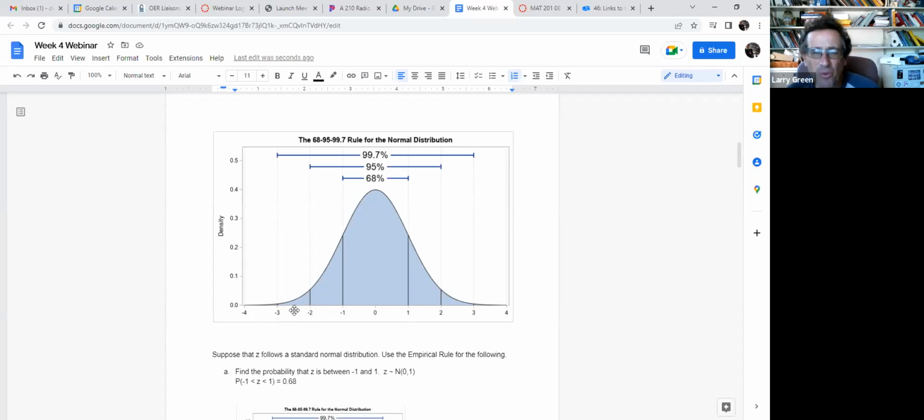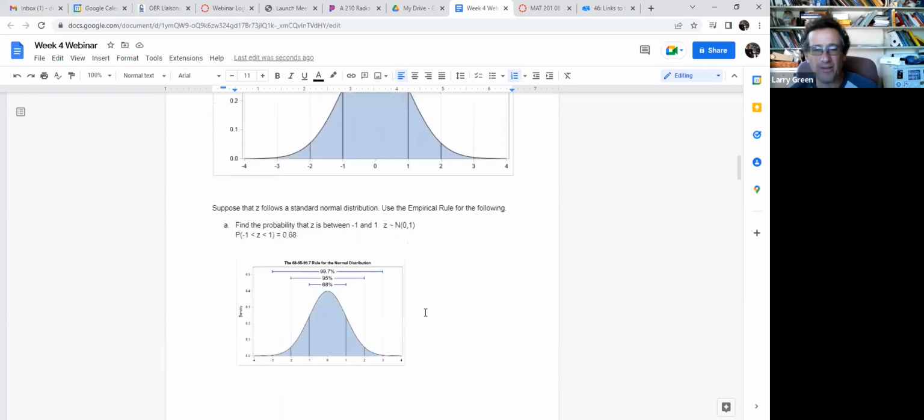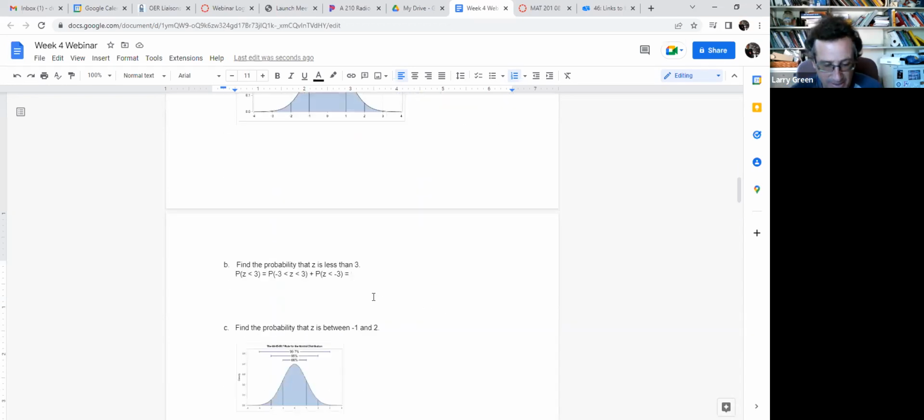All right, so now what's the probability that z is between -3 and 3? That should be easy. It's better to use a decimal, so 0.997. 0.997 will be the probability that we're between -3 and 3. So let's write that in first.